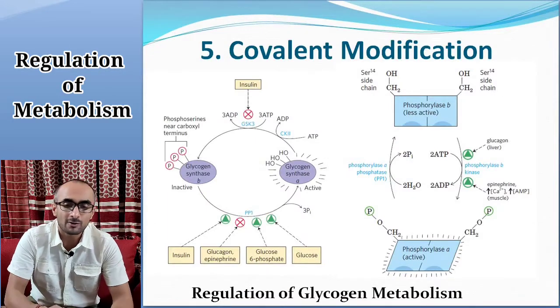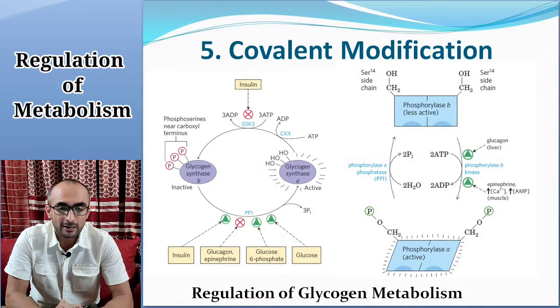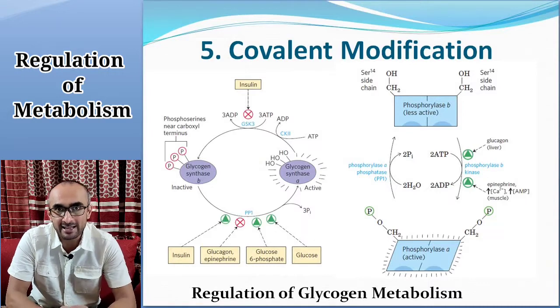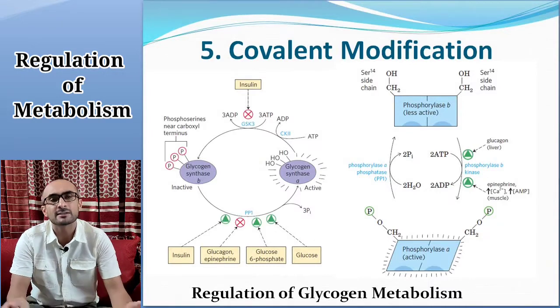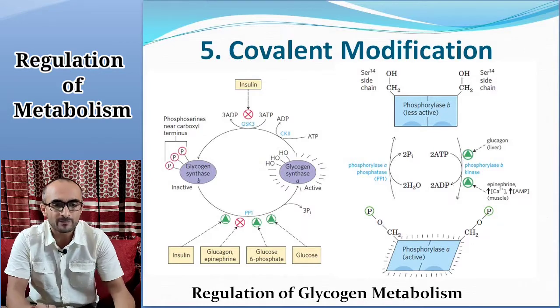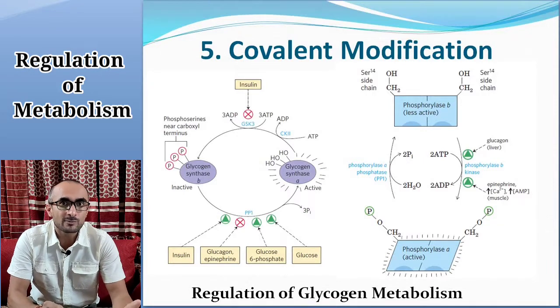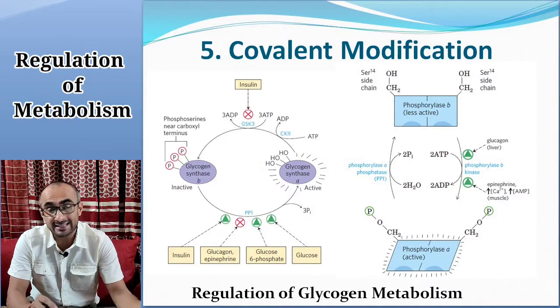The fifth mechanism of regulation is covalent modification, and phosphorylation is the most common method used by the cell in order to activate or deactivate enzymes of different metabolic pathways. There are two kinds of enzymes involved in this modification. The one enzyme transfers a phosphate group from a nucleotide triphosphate to the target enzyme.